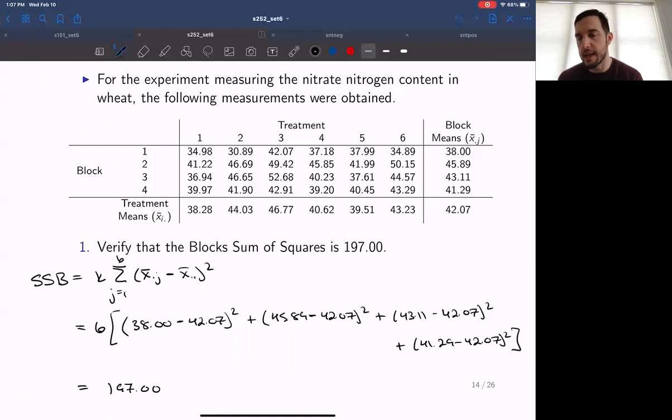Now, this is the standard structure for a CRBD. So you can see that we have treatments or blocks lining either the rows or the columns of the table. And then we have means for each treatment block intersection, right?